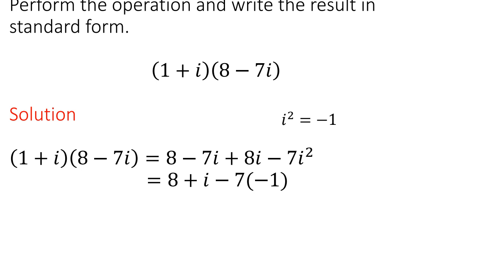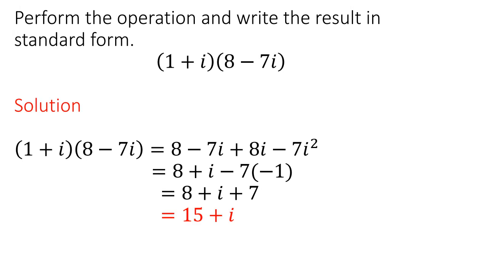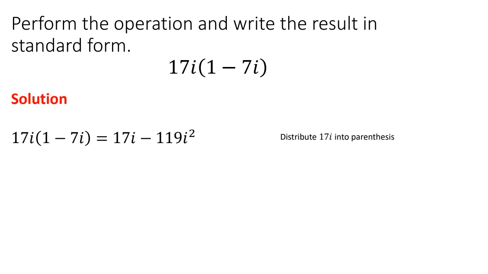Now I have two constant terms, the 8 plus 7, which will give me the 15. So voila, I multiplied these two complex numbers. The product of these two complex numbers gave me 15 plus i, another complex number. All right, so let's do this one.